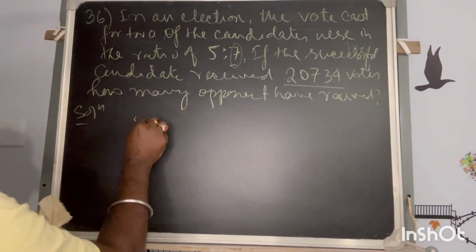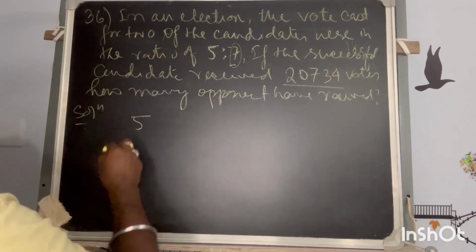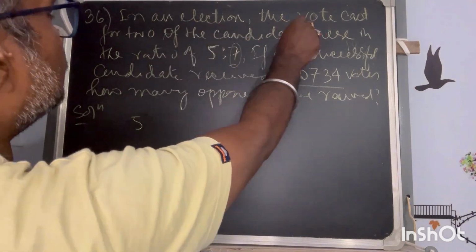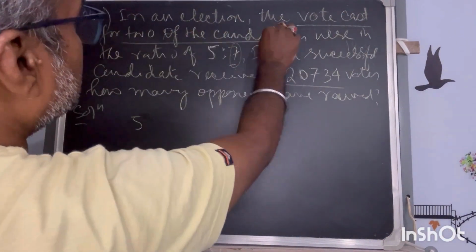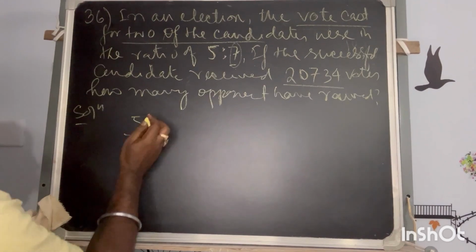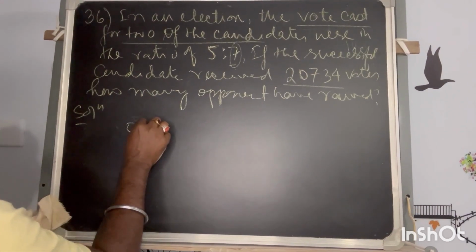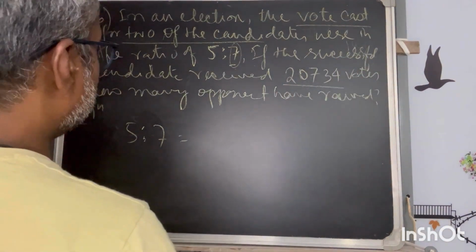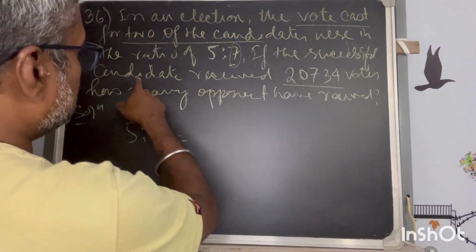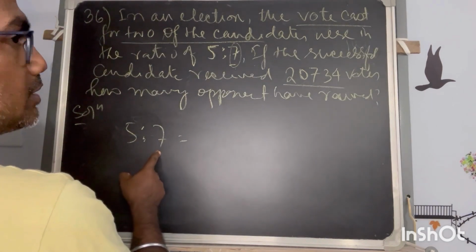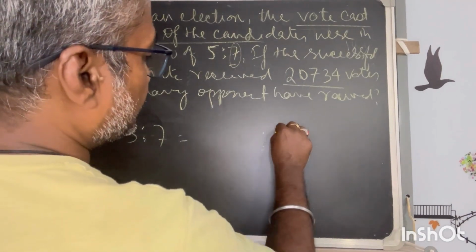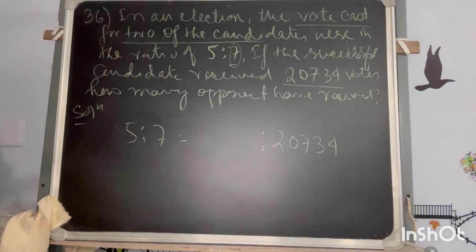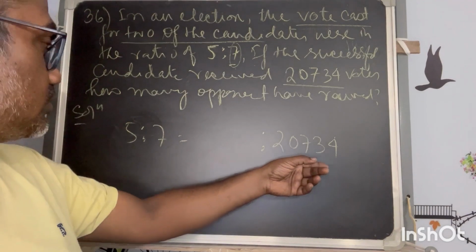So the votes cast for the two candidates are in the ratio 5:7, in the same proportion as the vote numbers being given, so definitely the candidate who has got higher votes has won the contest.